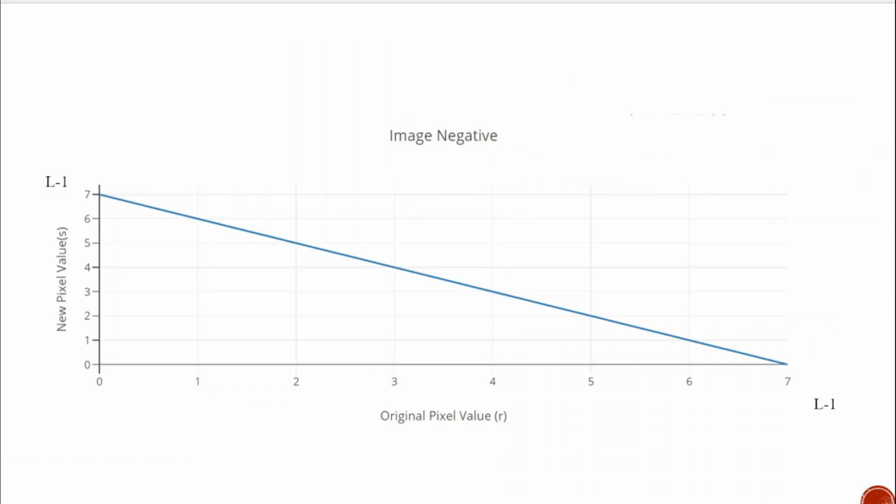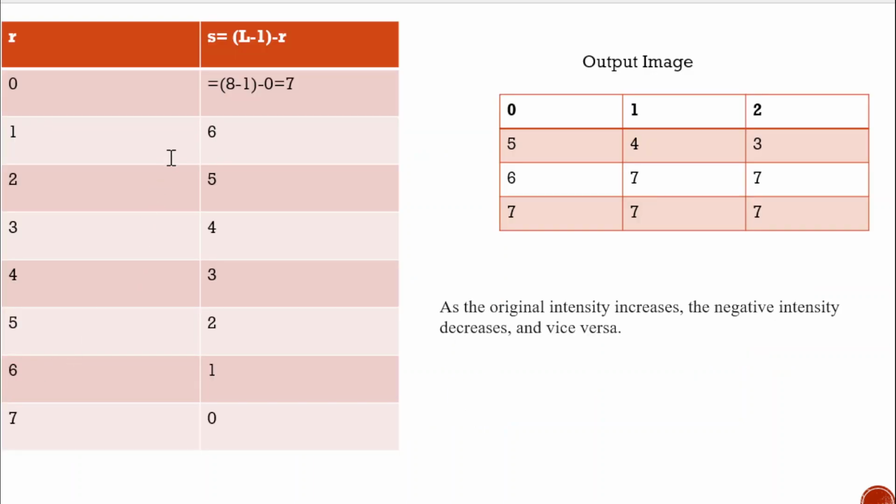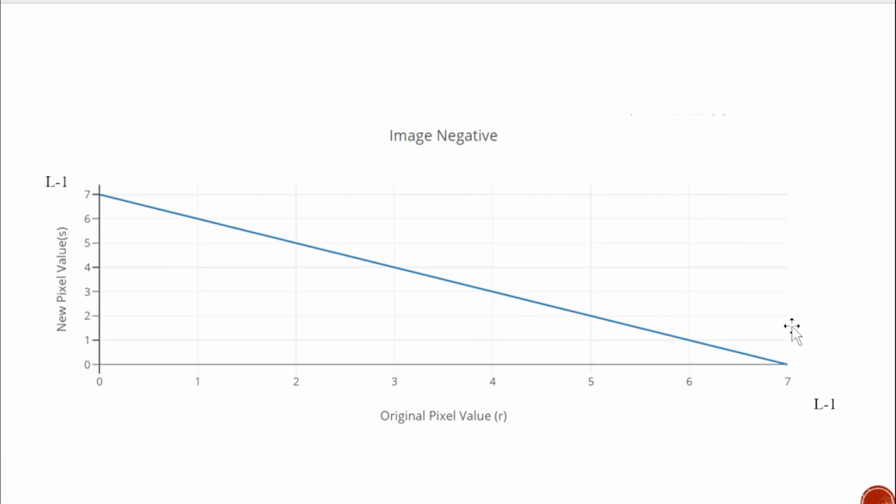Now this is the graph of the image negative transform. The graph starts with 0, because the values in the image start with 0, and it ends with L minus 1. Since we already said that the BPP is 3, L minus 1 is 7. Again, the graph terminates on the y-axis also at L minus 1. If you plot the graph with the same values shown in the table that we just created using the formula, you will get a graph like this.